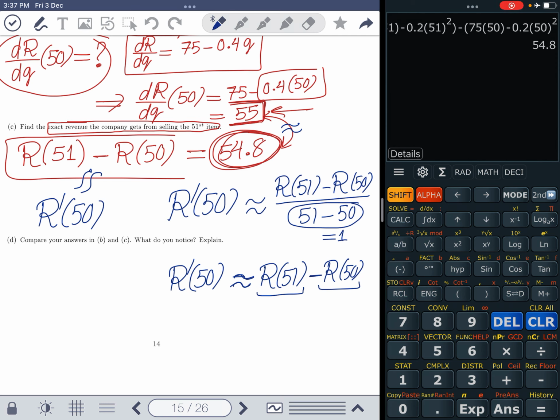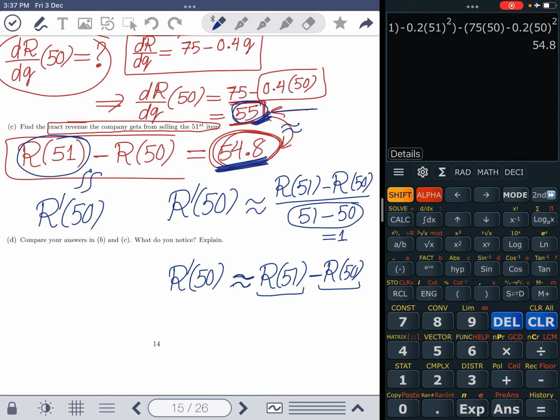That will give you the revenue from the 51st item only. And it turned out to be 54.8, in dirhams or dollars, depending on the question. And the one that you got from the derivative was 55, pretty close to each other. But for the 55, you did it without knowing what R of 51 is. So you can assume that you knew everything about R up to R of 50, and you were predicting what R of 51 could be.